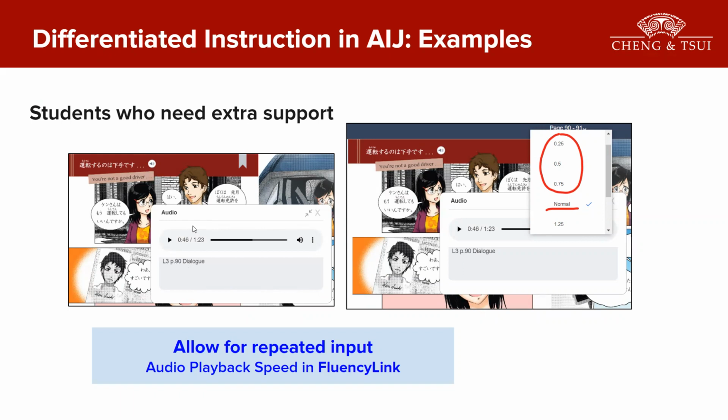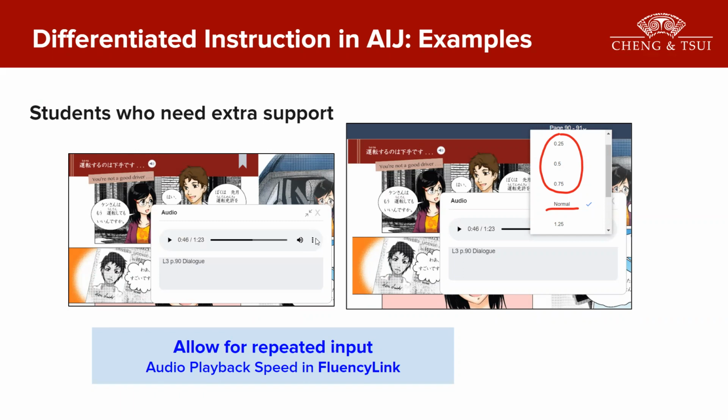If you plan to play the audio twice for your class, you may consider playing the audio 4 times for this group of students. Fluency Link also provides options of different playback speed. There is a little icon on the audio clip with 3 dots on it.